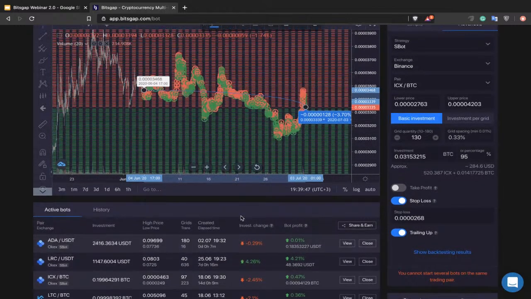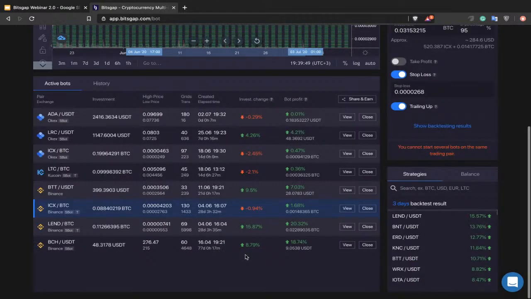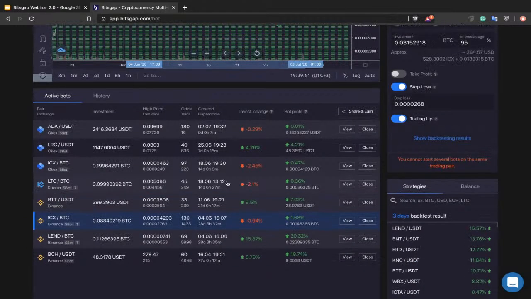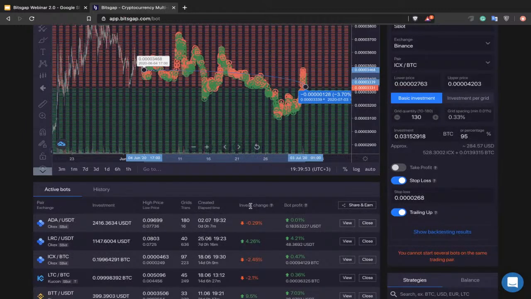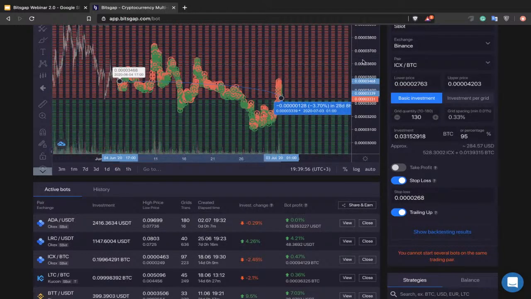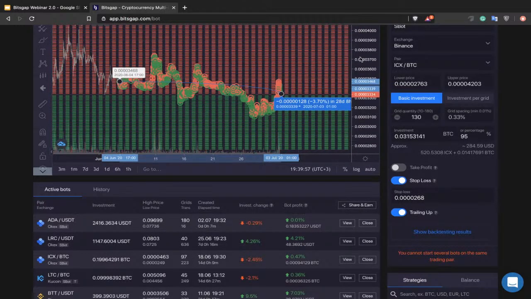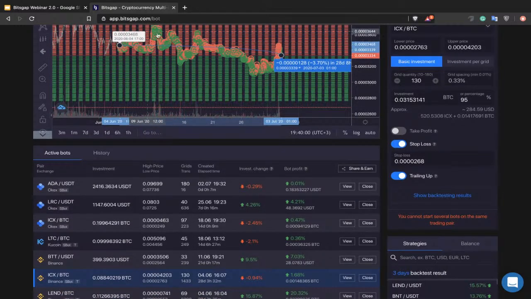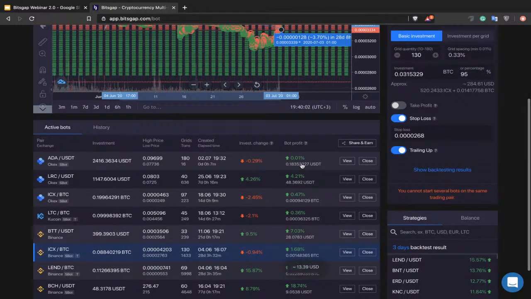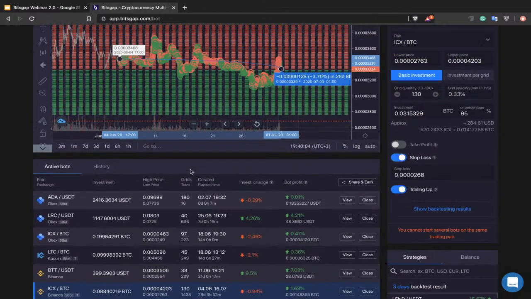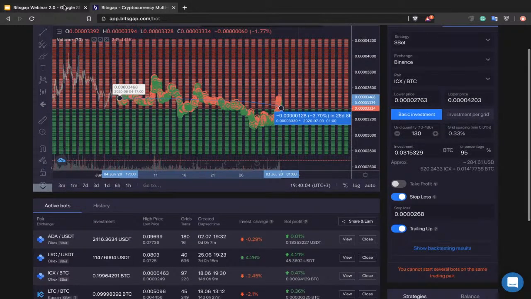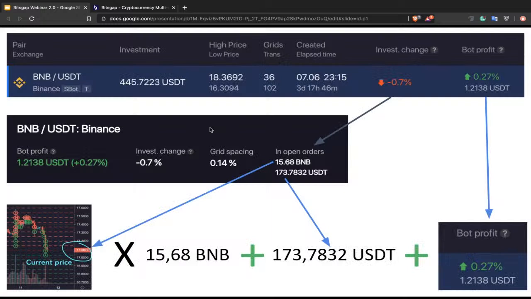We have saved your investments. Basically, not we, but the bot has managed to compensate your losses as it has been trading throughout this period, and it has the bot profit to offset the negative value change. So that's the idea, what makes investment change different from the bot profit.